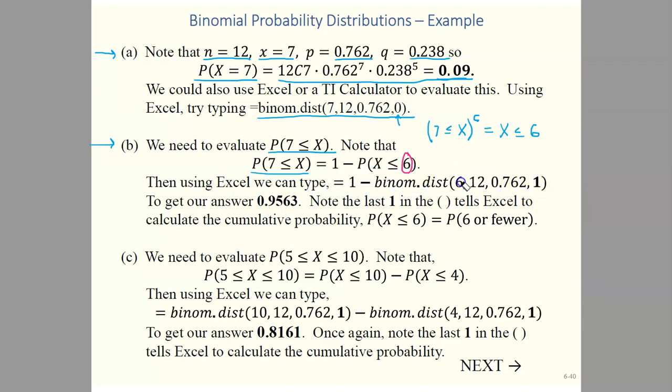And so what we have is this part right here, which is exactly the probability that x is less than or equal to 6. And that's this piece right here, and we go 1 minus that, and that will give us our answer. So if you type this into Excel, you'll see that you get back 0.9563. And that's your answer.